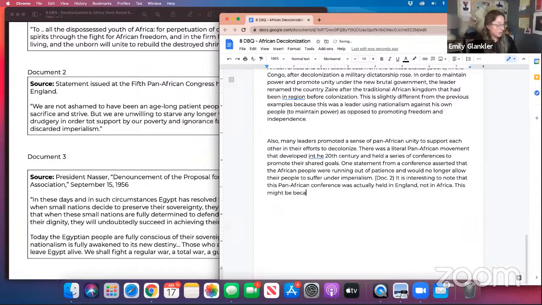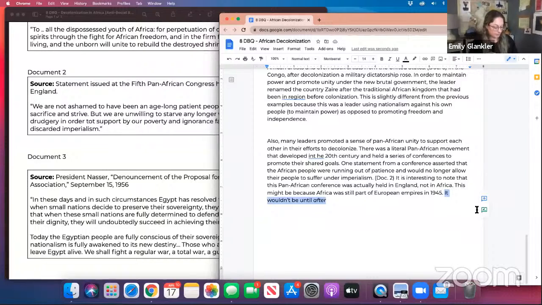This might be because Africa was still part of European empires in 1945. It wouldn't be until after, no, that's confusing.